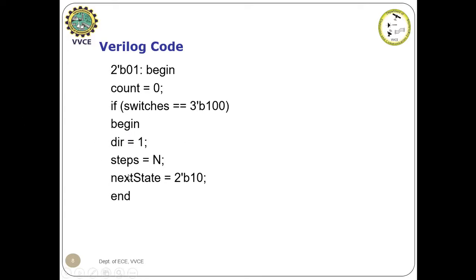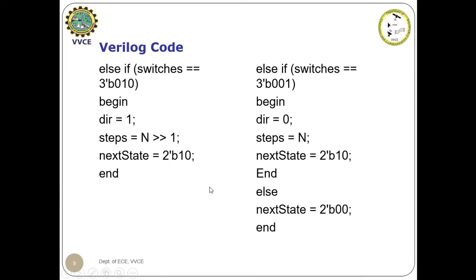If direction is 1, you have to rotate the motor clockwise and the steps would be n, meaning completely 360 degrees in the clockwise direction, and assign the next state. If it is completely done, the next state is always 2-bit binary 10.